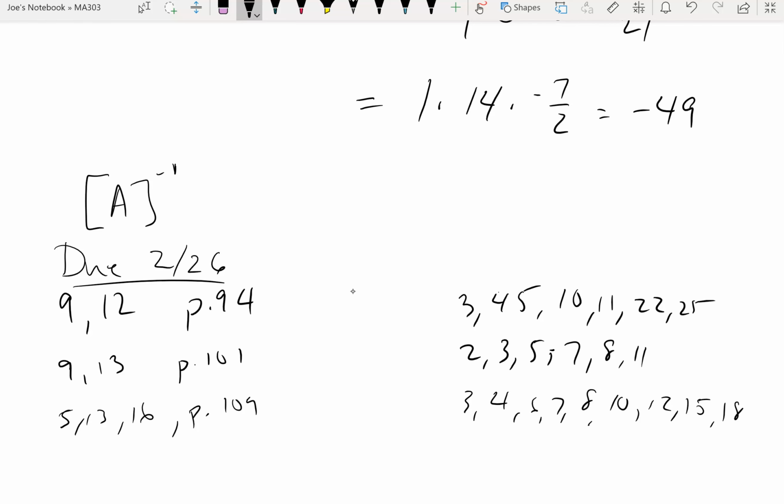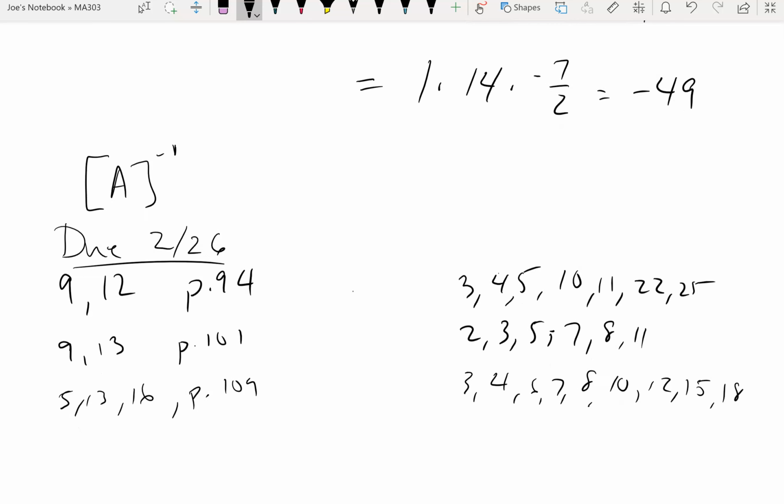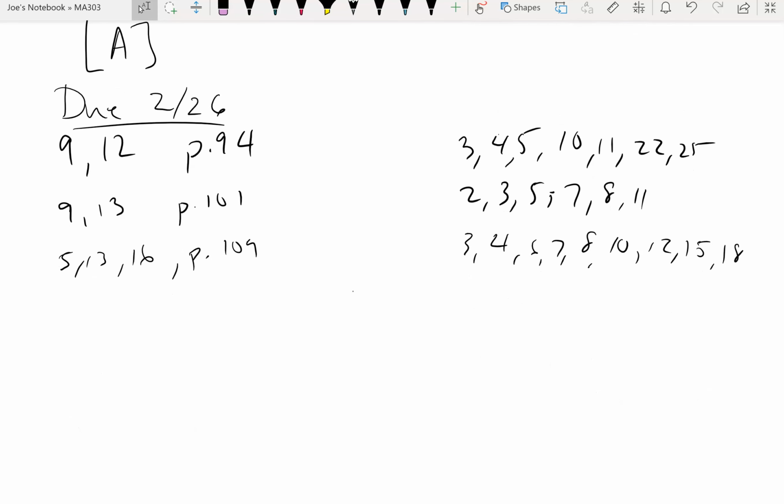On the first row of practice, is that 3, 4, and 5, or is that 3, 4, and 5? There we go. All right.